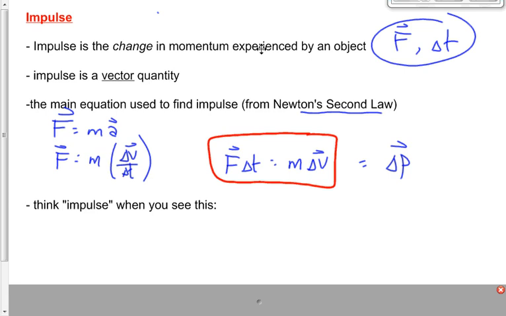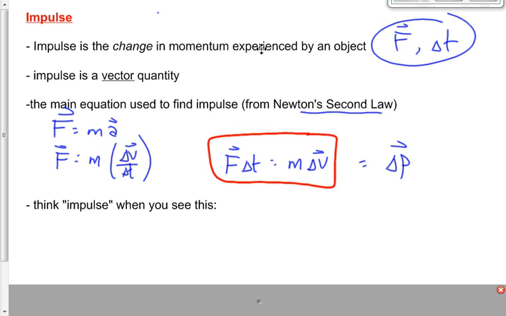Now, clearly we're going to use this equation to solve some problems, but what problems are we going to solve using this equation? If a question says impulse, calculate the impulse, then, I mean, it doesn't take a rocket scientist to figure out that we're going to use impulse when this question says how much impulse is blah, blah, blah.